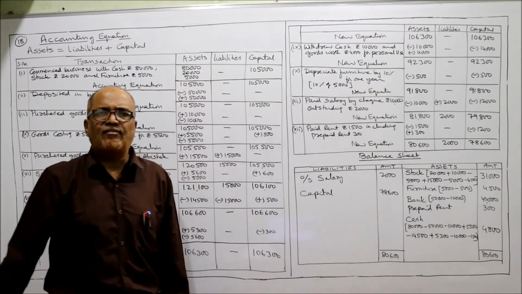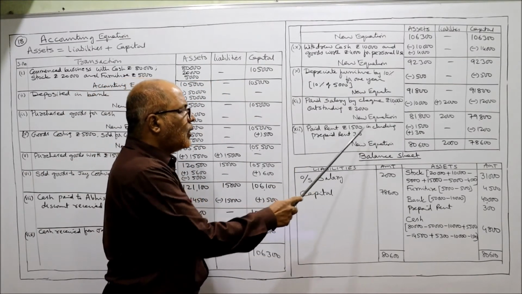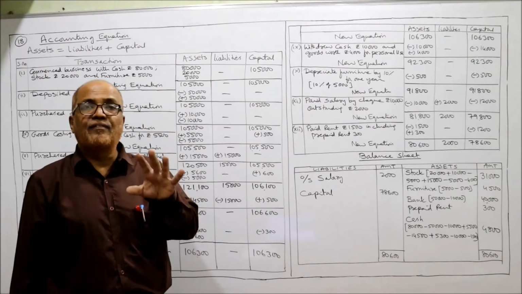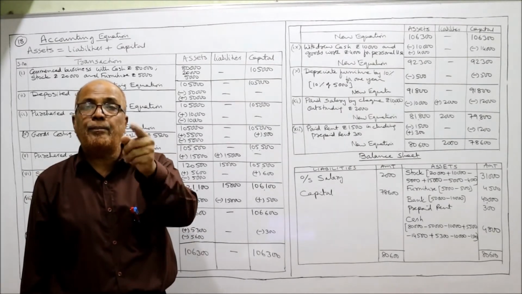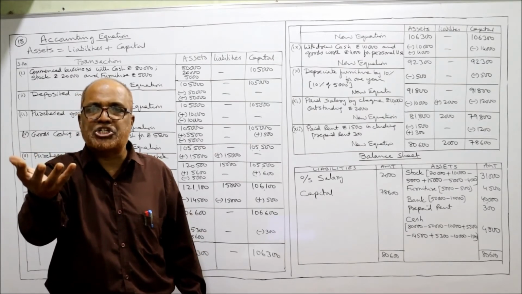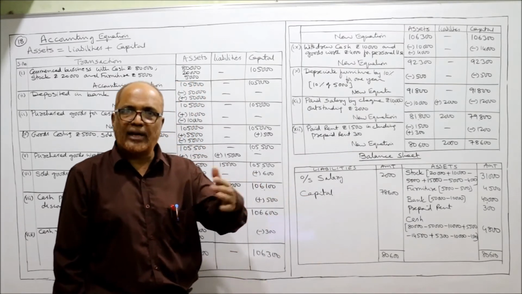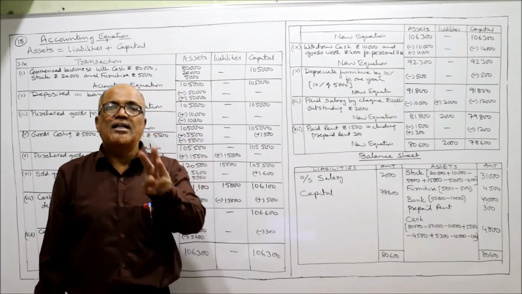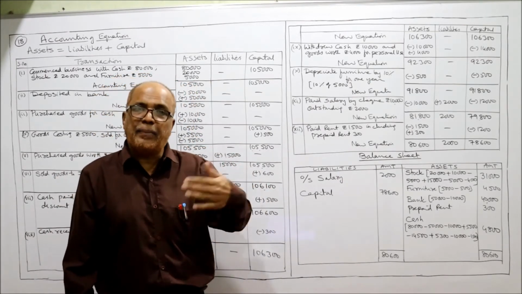Now last and final transaction, paid rent 1,500 including prepaid rent 300. First of all, paid rent 1,500. In this 1,500, 300 are prepaid rent. When rent is paid in cash, the cash is decreased by 1,500, because cash is going out. Of this, 300 rupees is rent paid in advance.